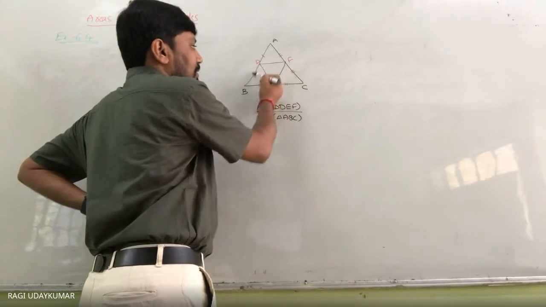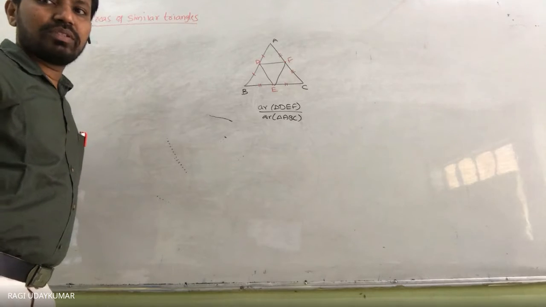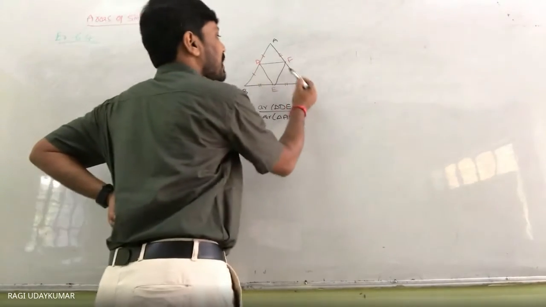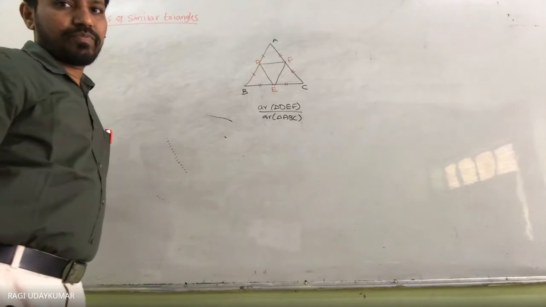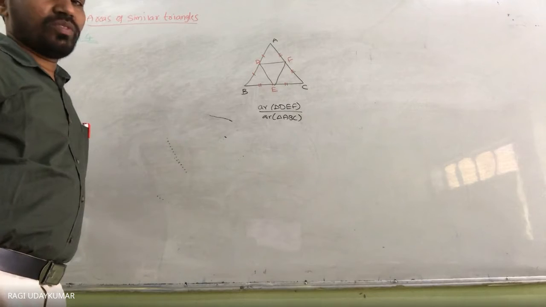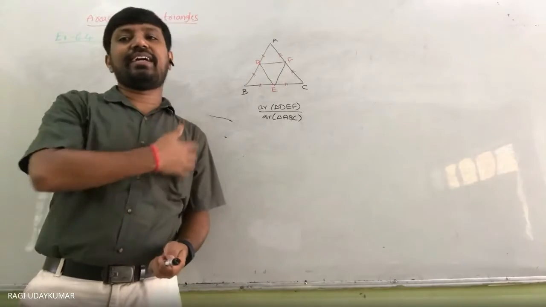What will this be? Parallelogram. This becomes a parallelogram. In the same way, this becomes a parallelogram. In a parallelogram, diagonals bisect each other.